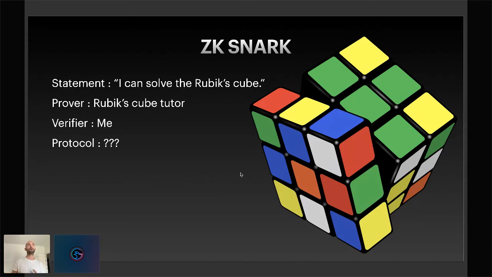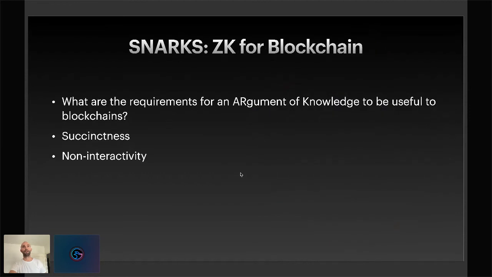So if we want to come up with a scheme where the verifier can be a blockchain, then we need that scheme to be non-interactive. So that's the one imperfection in the example that I gave you, is that it's interactive. And we could think a little bit more about how to make it non-interactive, but our time is probably better spent moving on to the actual things that happen in blockchain, in zero-knowledge blockchain applications.